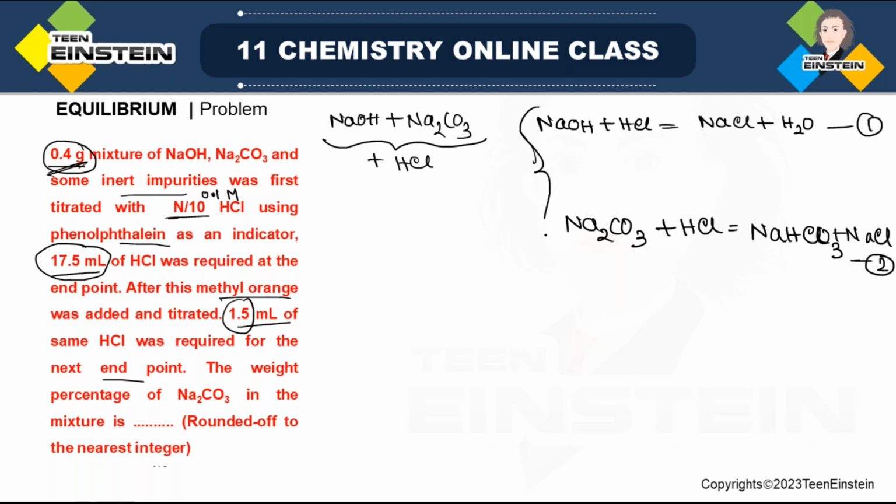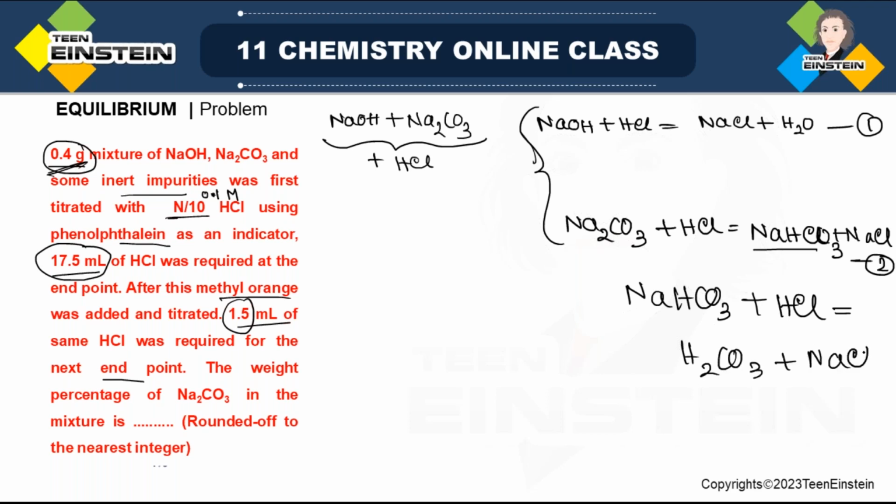Now once these two have taken place, in the second titration, what will happen? This NaHCO3, the salt formed in the first titration, will react with more HCl, and this is also 1:1, and it will produce H2CO3 and 1 mole of NaCl. So this is equation number 3.